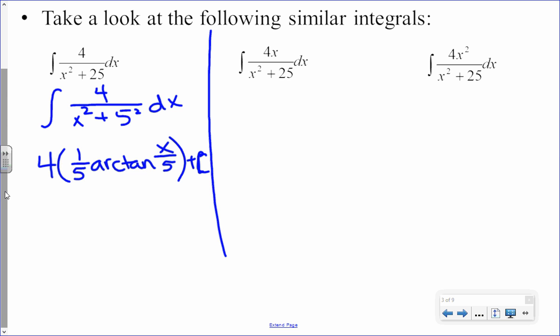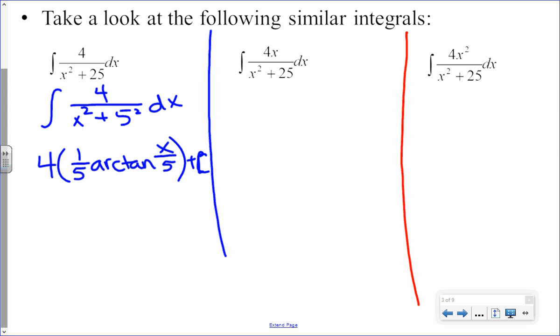Okay. Now, let's talk about the difference with number 2. Now we have 4x over x squared plus 25 in our integral. What technique do we use here? Can we follow the arctangent rule? No, because there's an x in the numerator. However, there's an x squared in the denominator.